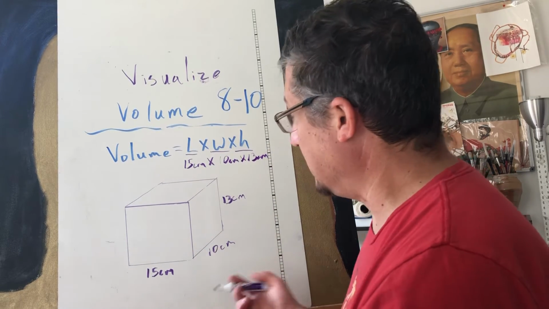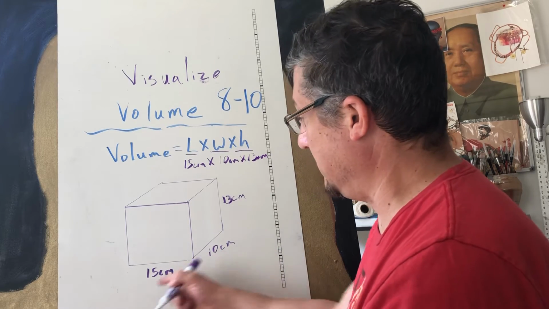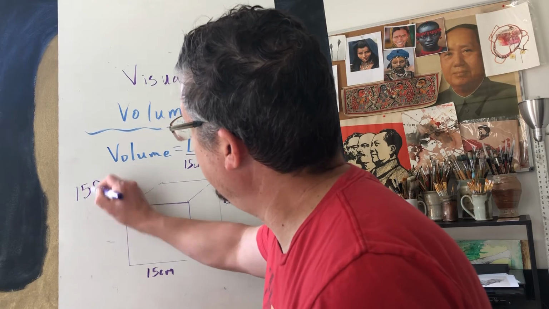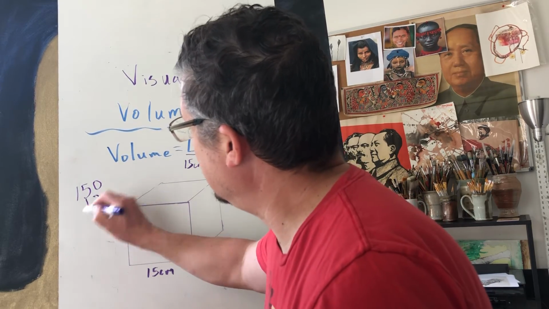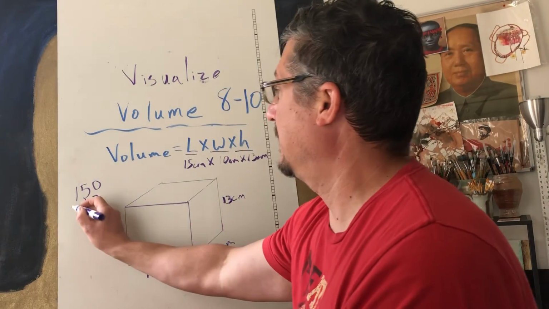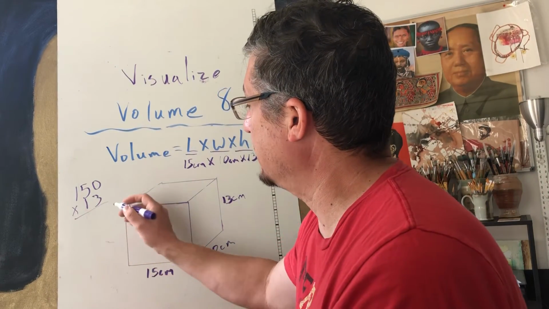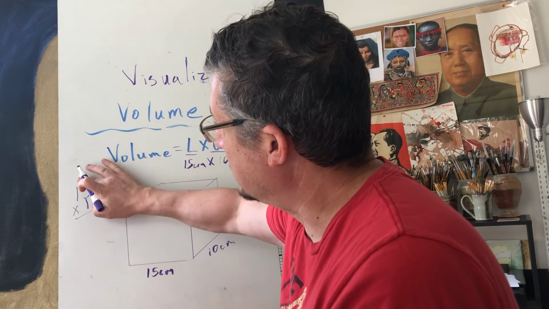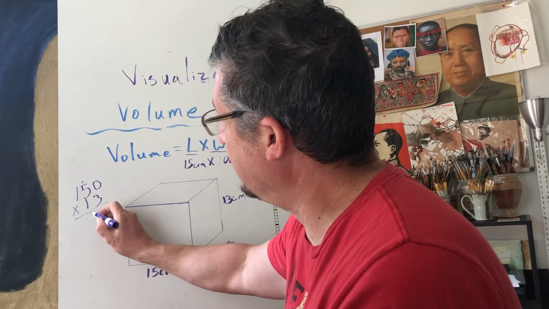Okay, I can do the 10 times any of these pretty easy. So I'll do 10 times 15, 150, times 13. Sorry, it's kind of hard for me to write on an angle right now. 3 times 0, it's just 0. 3 times 5 is 15.